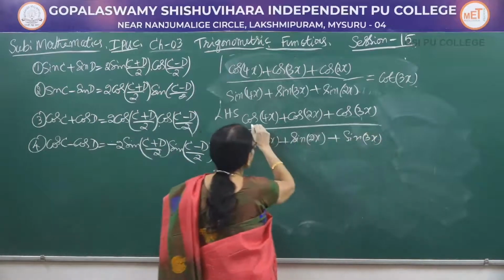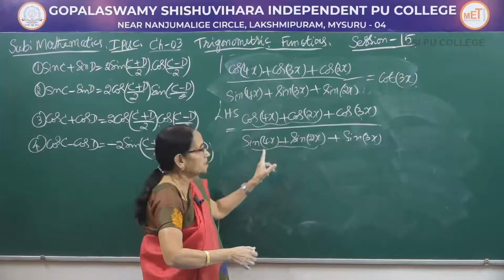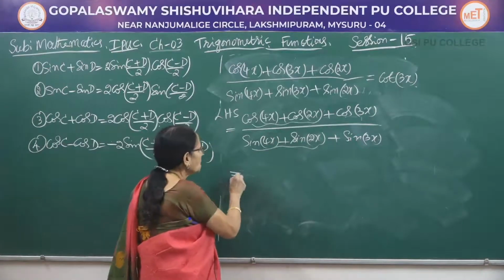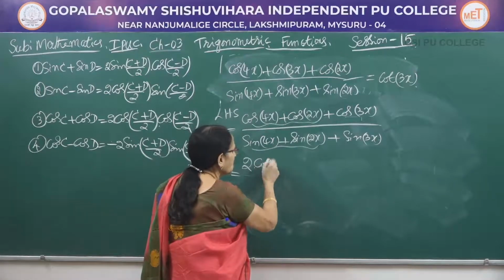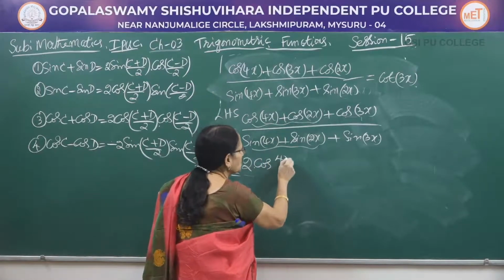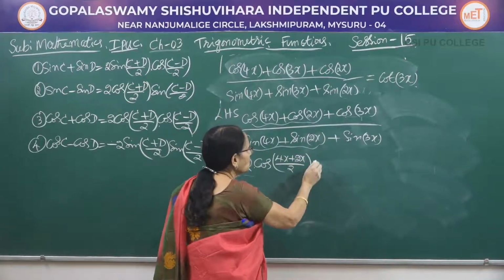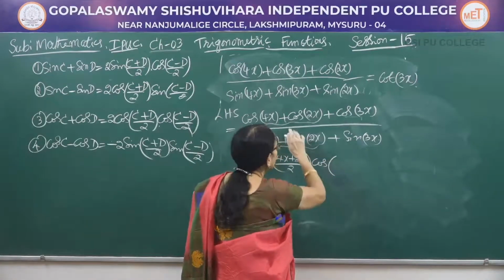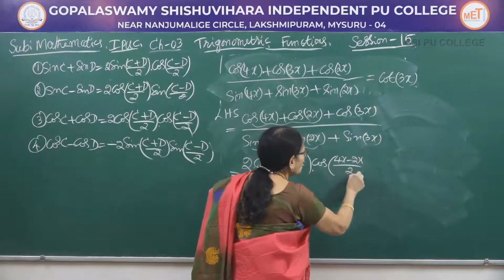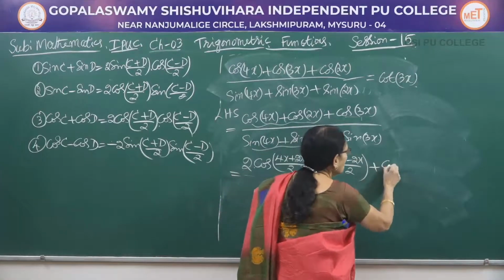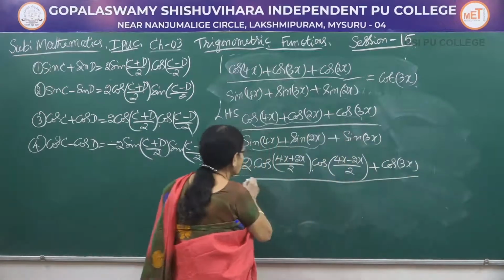Now, for these two, you apply the formula, cos c plus cos d and sin c plus sin d. So, let me apply the formula. It is 2 times cos of c plus d by 2, 4x plus 2x divided by 2, into cos of c minus d by 2, 4x minus 2x by 2, and write this term as it is, cos of 3x.